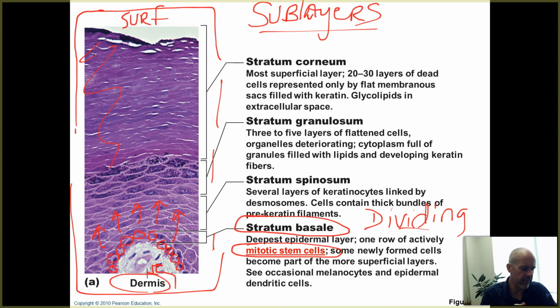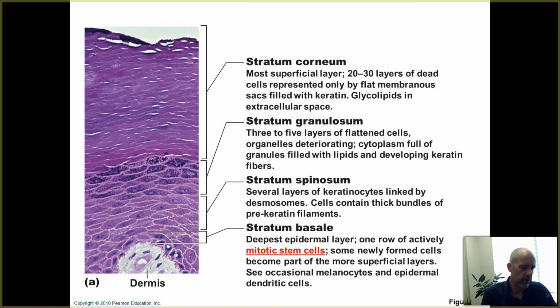All right, let me erase all of that. Okay, so above the stratum basale, this next section you see in here, from about right there down to about right there, all of that area is your stratum spinosum.